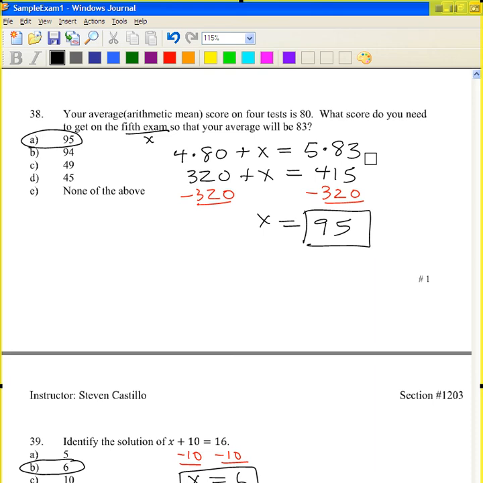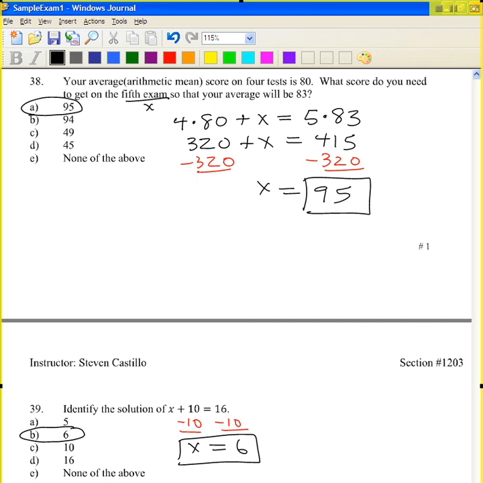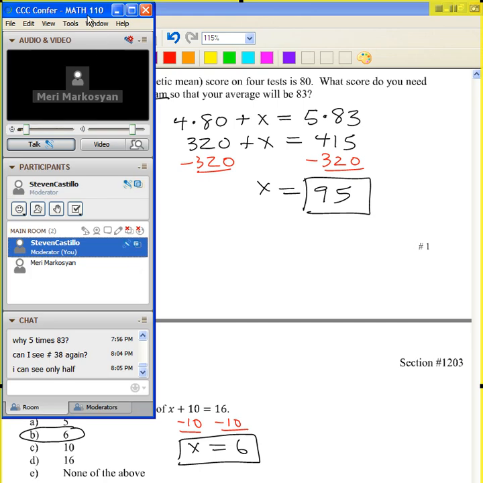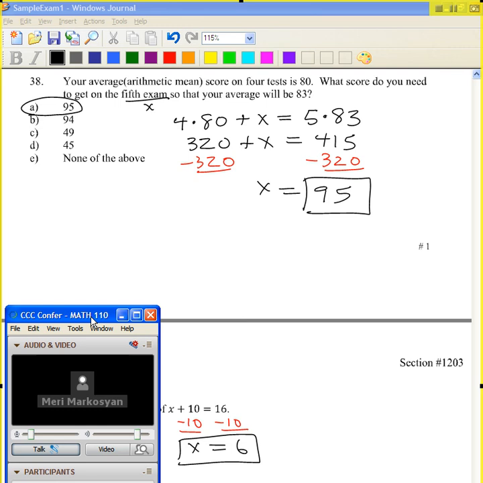Is that clear? I can only see half. Which half? Can you see it all now? Yes? No? Scroll, please. Now the question is which way?